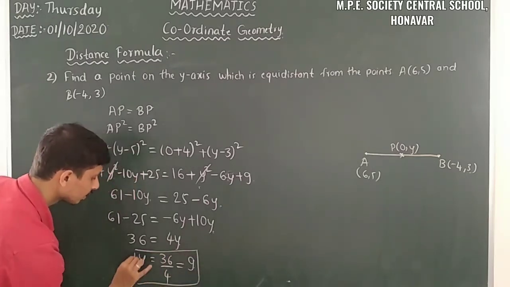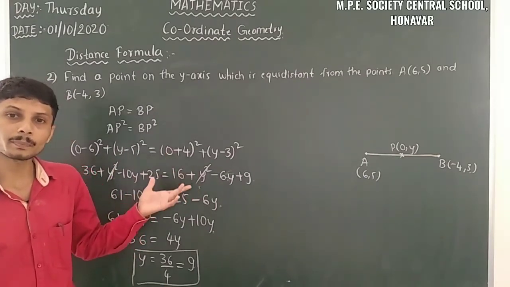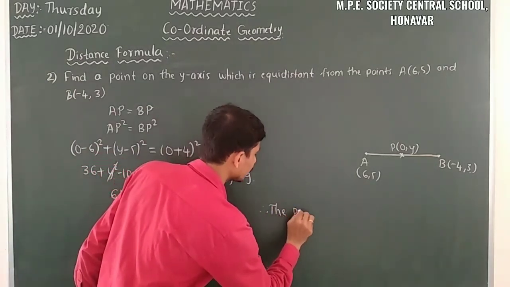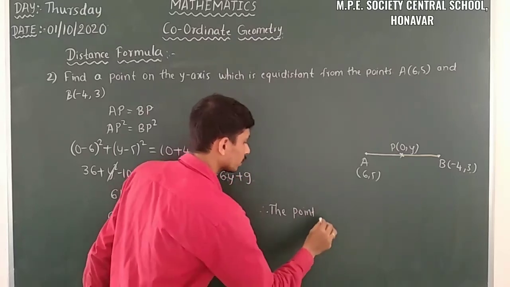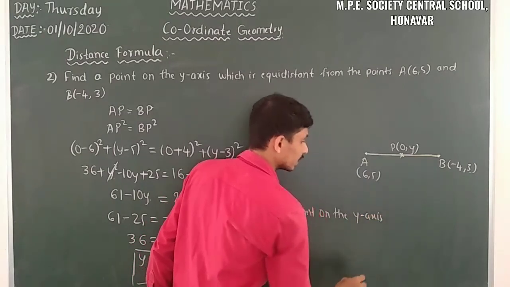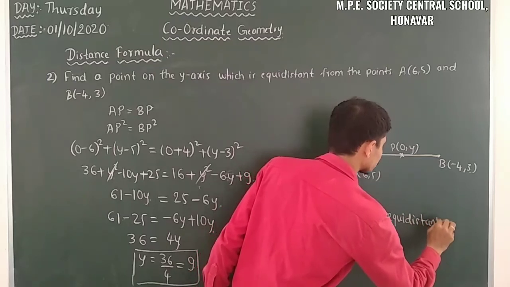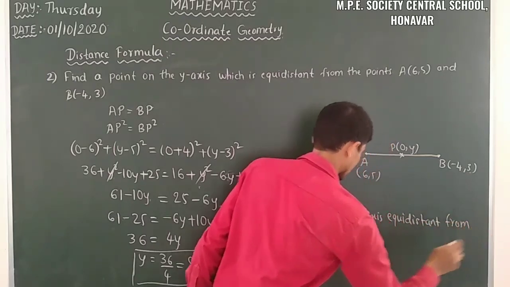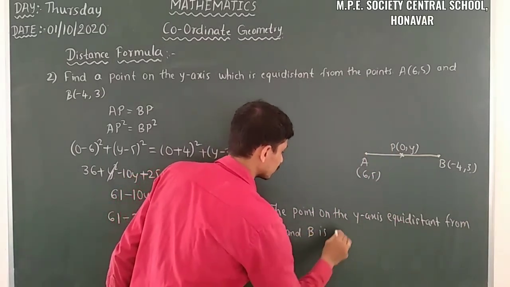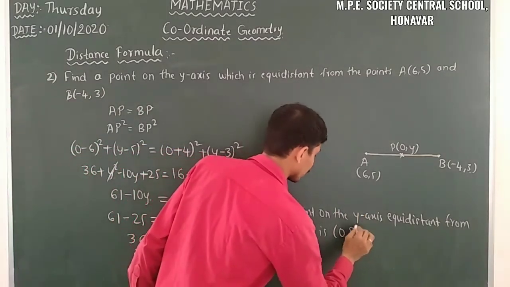So this is the y coordinate. What is the required point here? The required point is (0, 9). Therefore, the point on the y-axis equidistant from A and B is (0, 9).